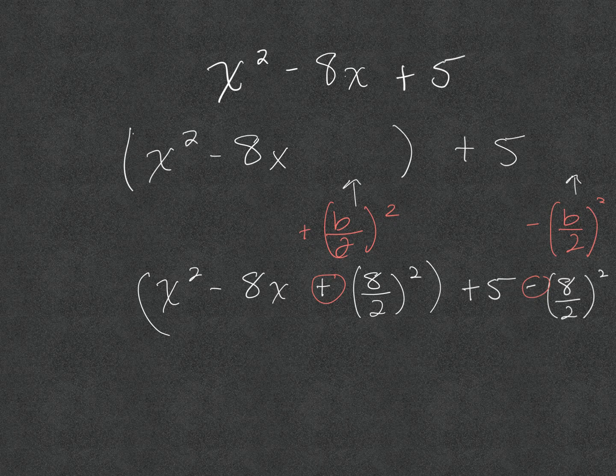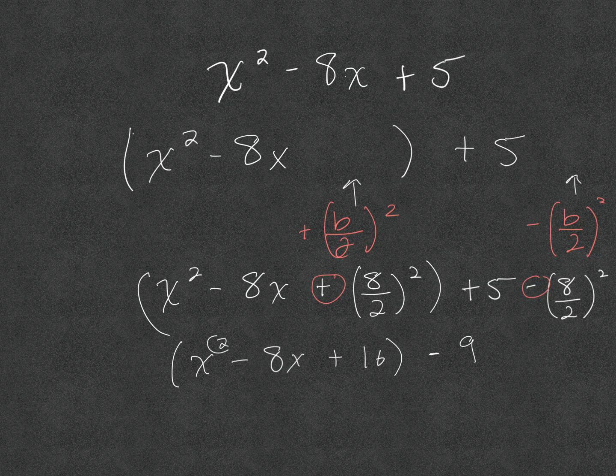So what am I going to get here? Well, I'm going to get x squared minus 8x, right? And b over 2, well, that's going to be 8 divided by 2 is 4, squared is going to give me 16. Then I'm going to have a 5 minus 16 on the outside. 5 minus 16, and that's going to give me a negative 9.